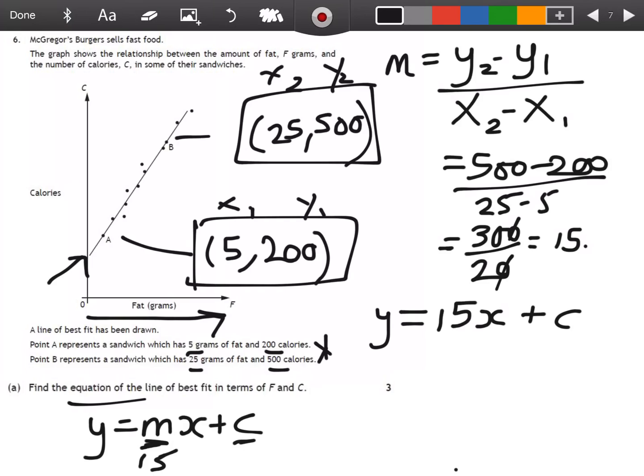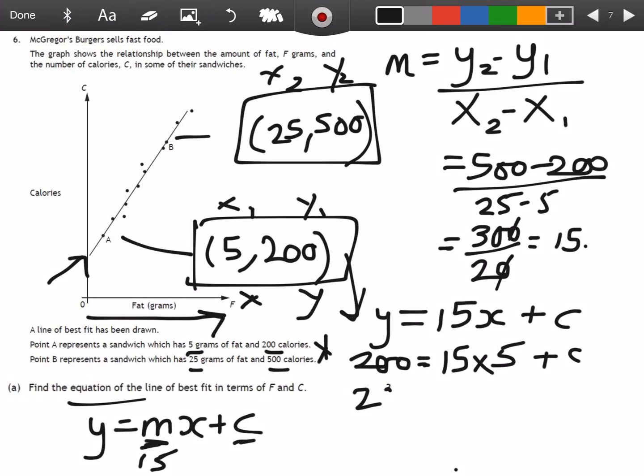But for this question, the easiest way is to take a point, x and y, and sub it in. So y is 200. 200 equals 15x, remember, means 15 times x. I'm taking the point 5, 200, and subbing it in. So 200 is equal to 15 times 5.